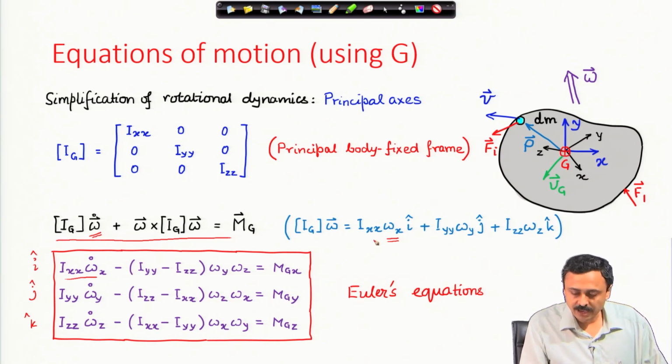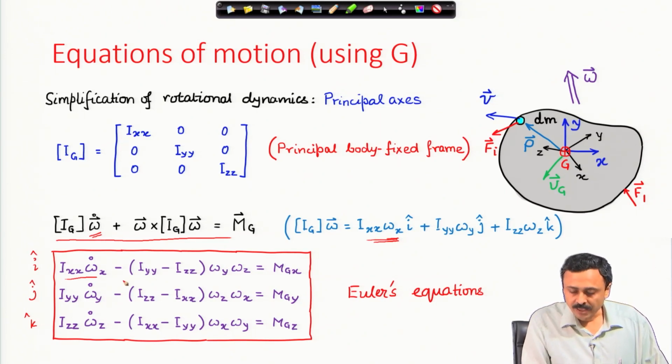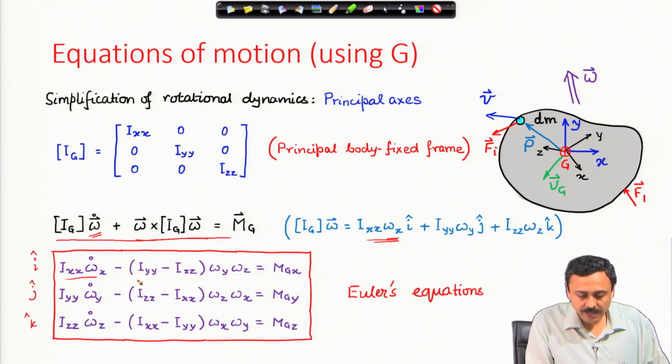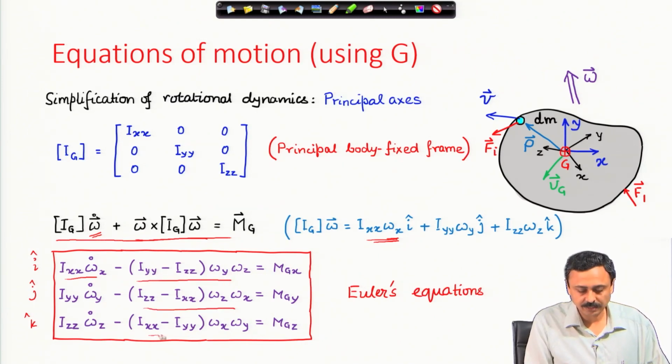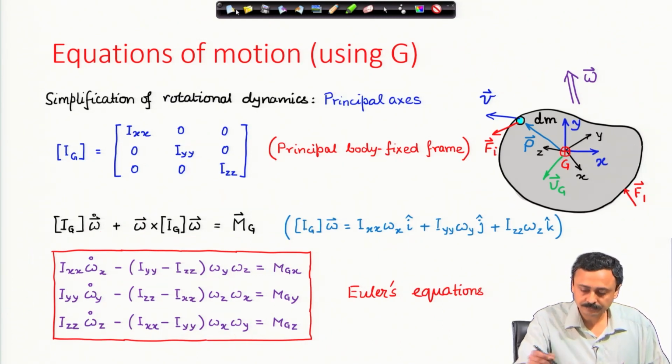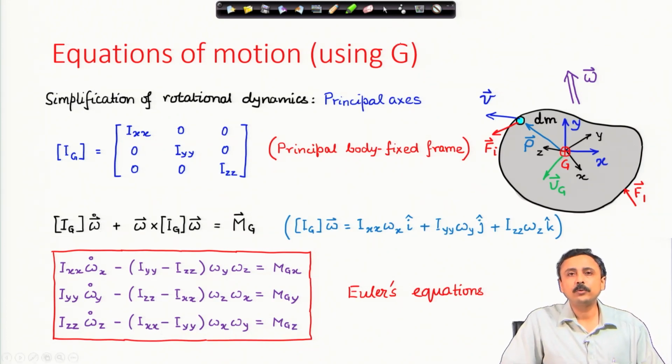In the I cap equation, I have the temporal derivative, the local derivative of this term; I xx is constant, therefore omega x dot, and from this cross product we have these terms in j and k. This equation is known as Euler's equation for rotation. Therefore, what is Euler's equation?